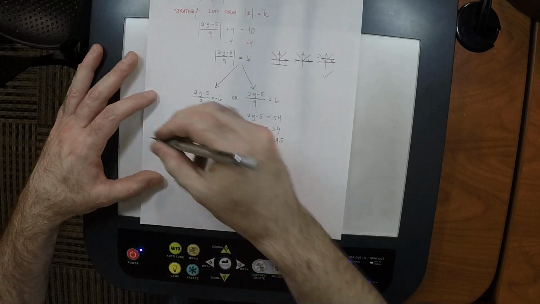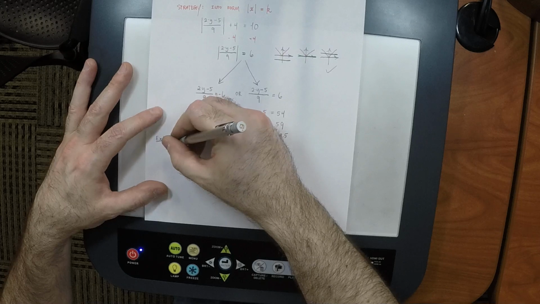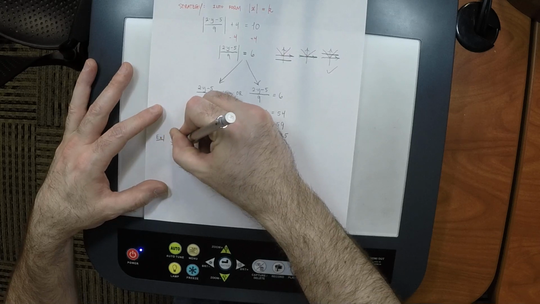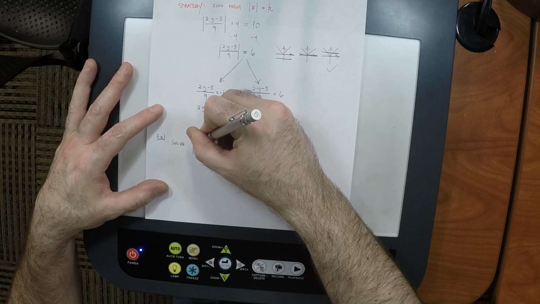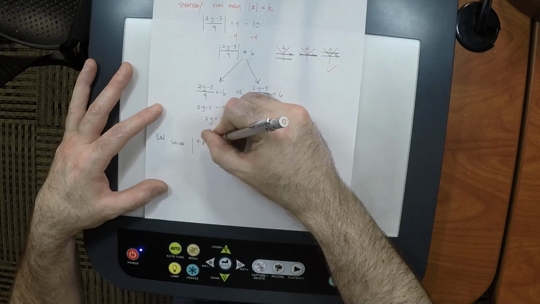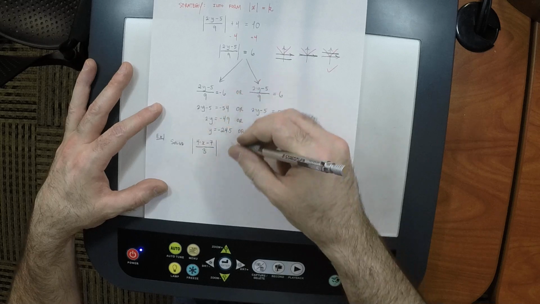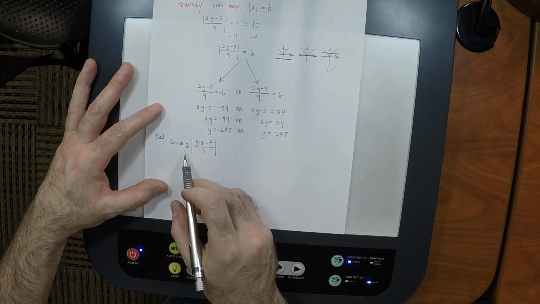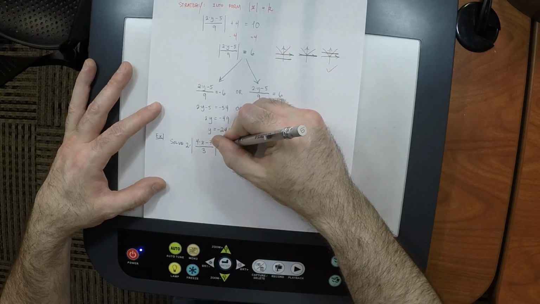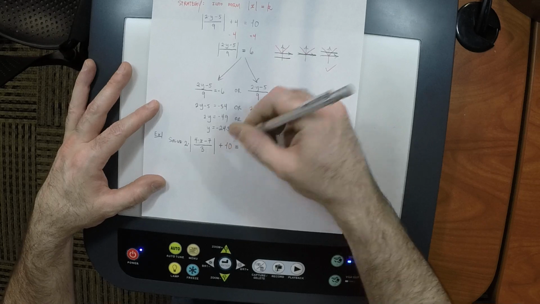Okay, let's have another one. So solve the absolute value of 4x minus 7 divided by 3, and then maybe I'll put a 2 on the outside here, so there's a 2 there now. So 2 times that, plus 10, and then is equal to something else nice.